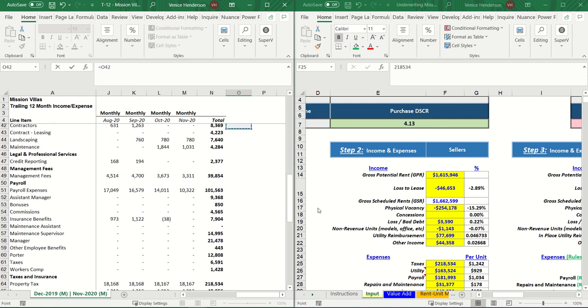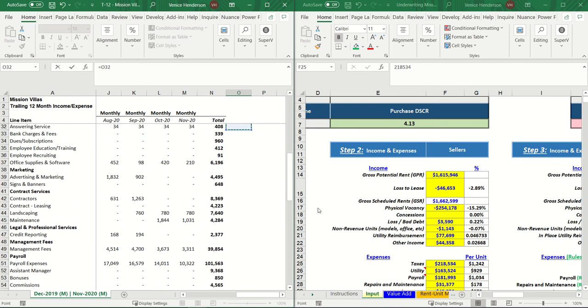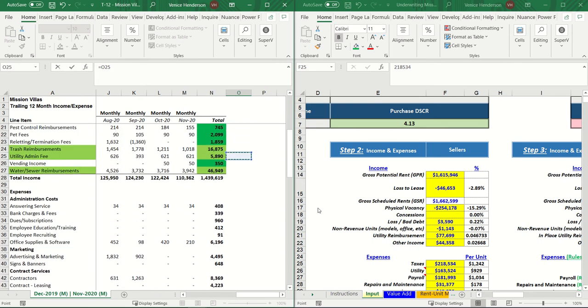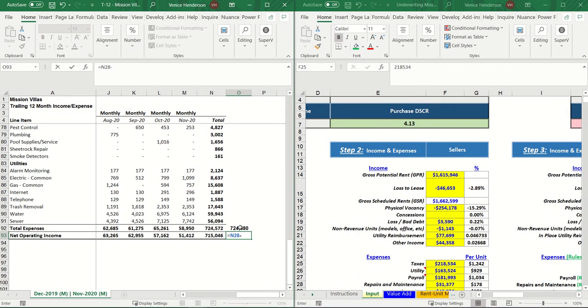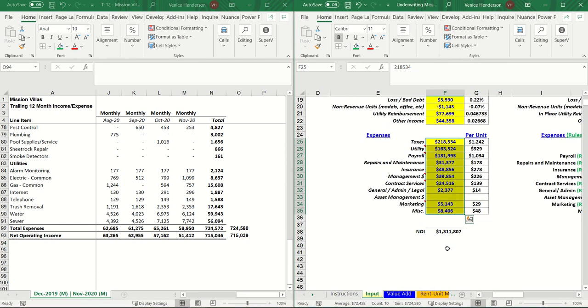I'm going to take my entire income. Sorry, my total income. Told y'all it's been a long day. And I'm going to do minus. And I wanted to minus these expenses right here, the actual number. Okay, and I get $715,039. Over here, though, I get a net operating income of this.